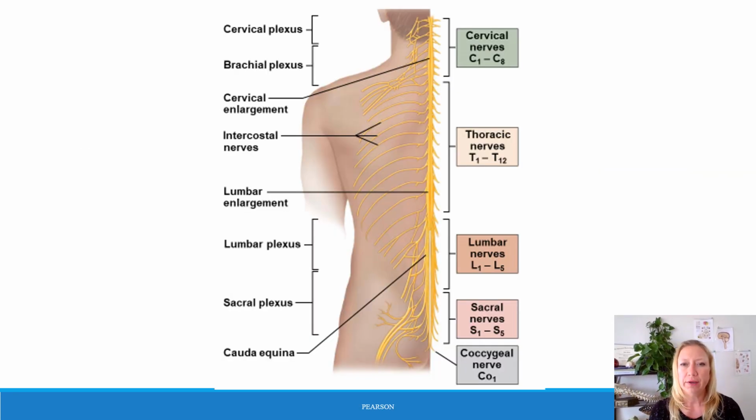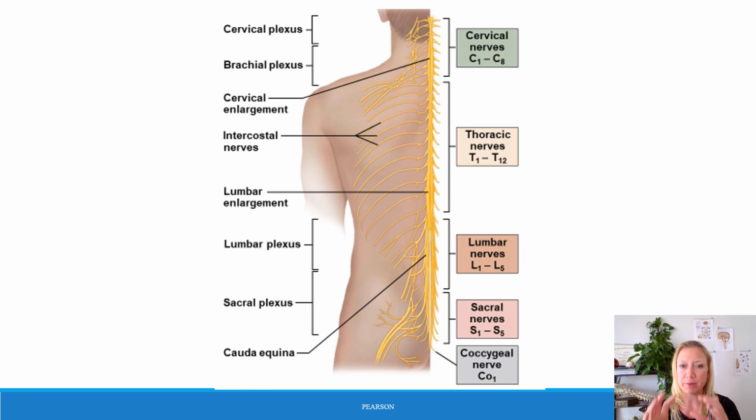Nice little overview here. You can see at the top the cervical nerves, C1 through C8, and then you can see where it's divided out into the cervical plexus, and then we could see the brachial plexus. You can see that cervical enlargement in order to innervate the upper extremities. You can see the intercostal nerves, inter being between, costal being rib.